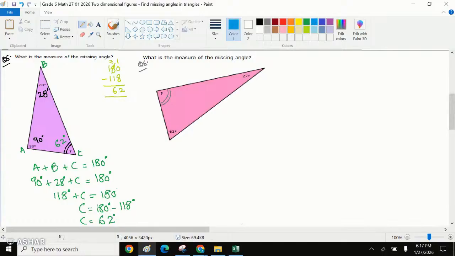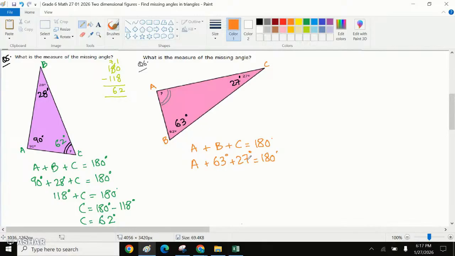So can we label this as A, B, and C? Can we say the sum of the angles would always be equals to 180? I'll write down the angles again. This was 27. This was 63. So A plus 63, that is B, plus 27 should be equals to 180.